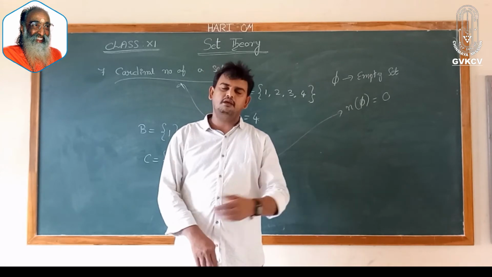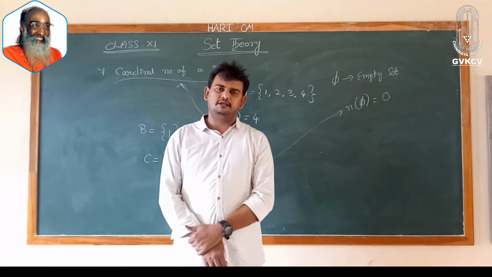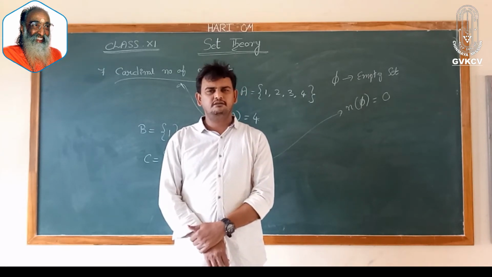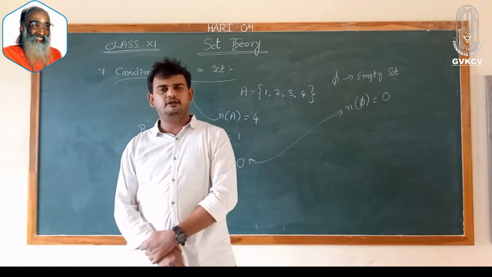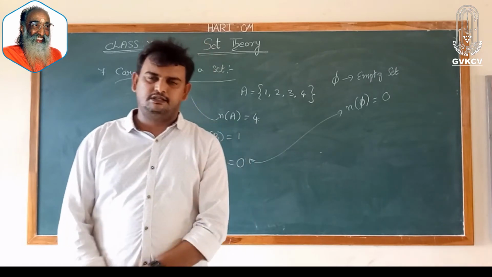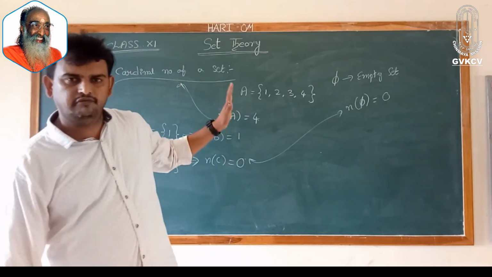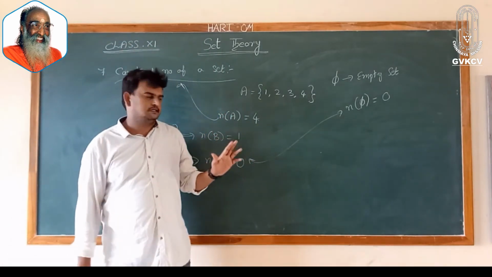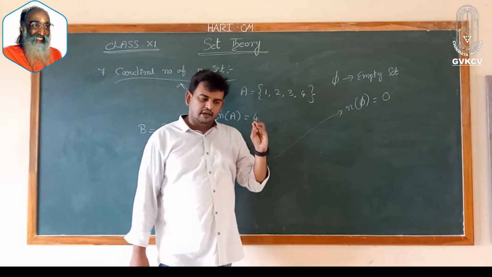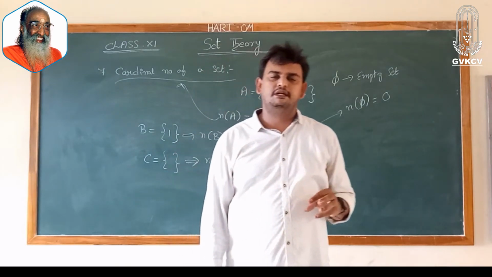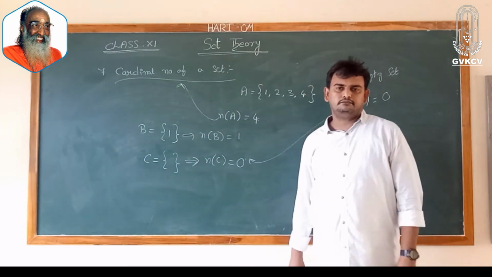Whenever they give any infinite set, your answer is always infinite. So there is no question of cardinality for infinite sets. So cardinal number is only for a finite set. So cardinal number of a set means number of elements which are present in a set.